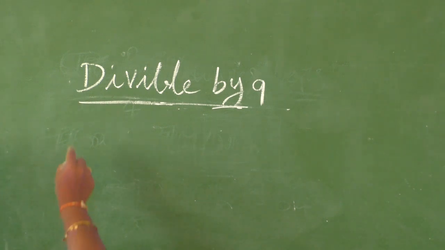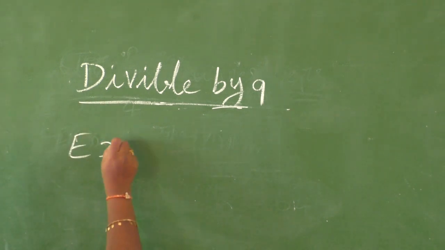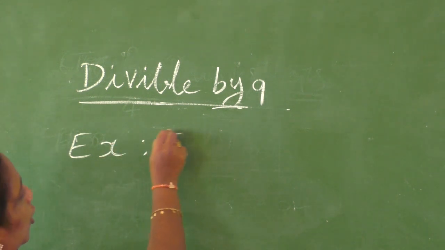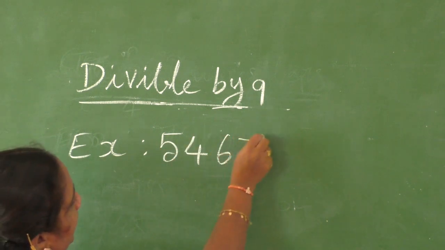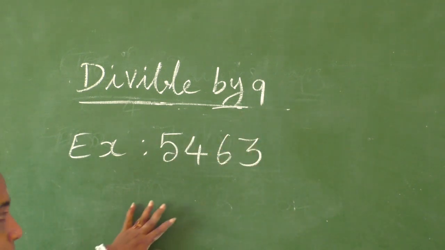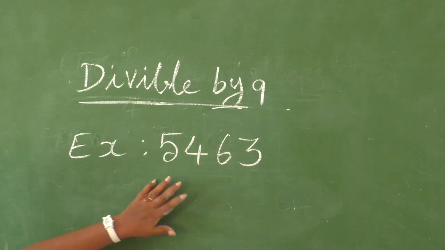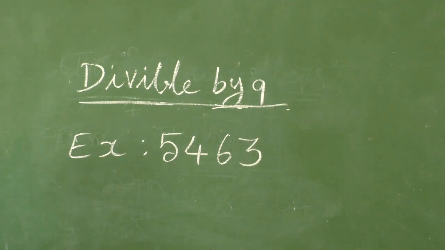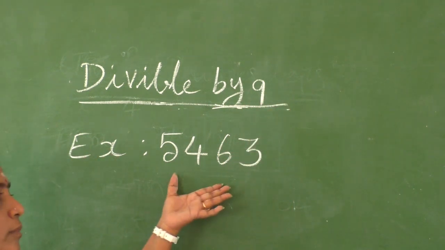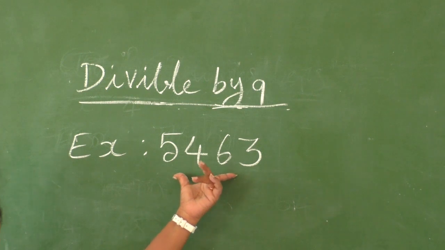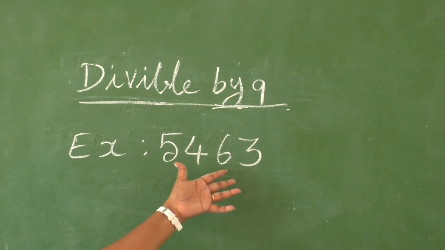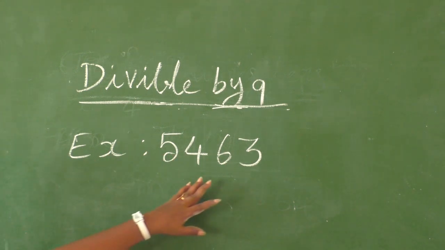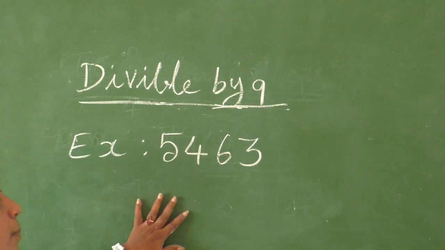Let the number be, for example, 5,463. So will this number be divisible by 9 or not? First you have to check the divisibility rule. The rule is: if the sum of the digits is divisible by 9, then this whole number will be divisible by 9.